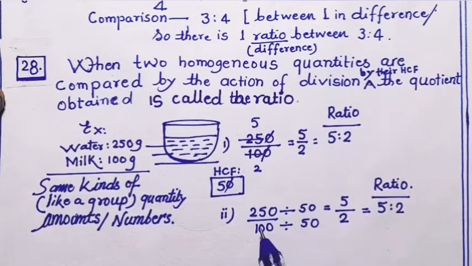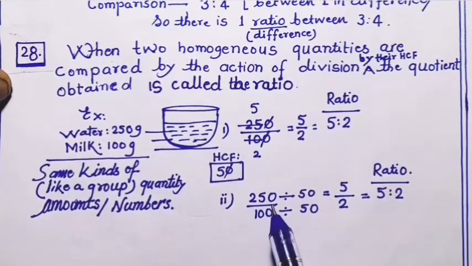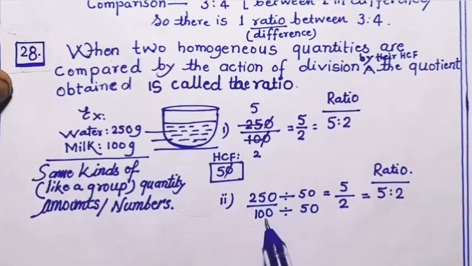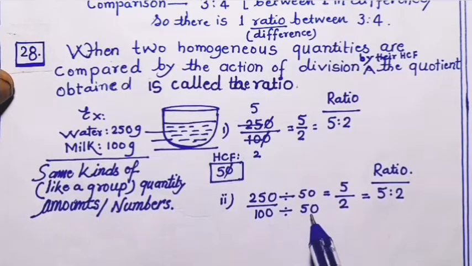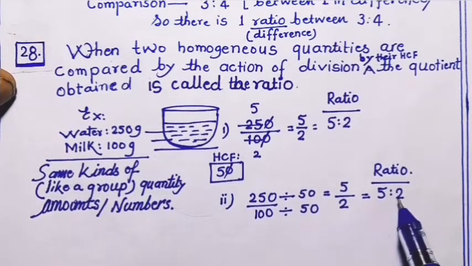You can see the example here: 250 by 100, and when this is cancelled by their HCF 50, then the quotients 5 and 2 are in the simplest form, and this will be changed into the ratio as 5 to 2.